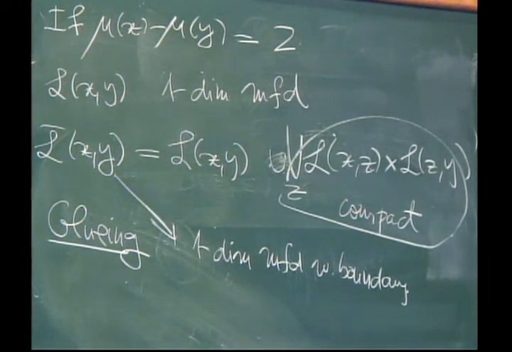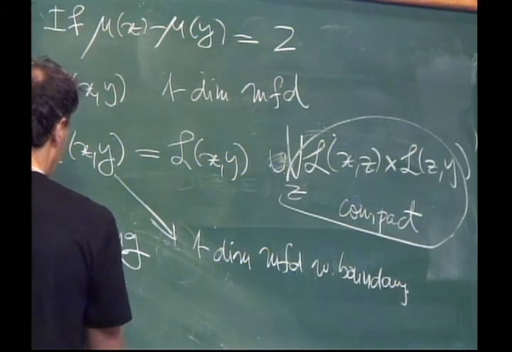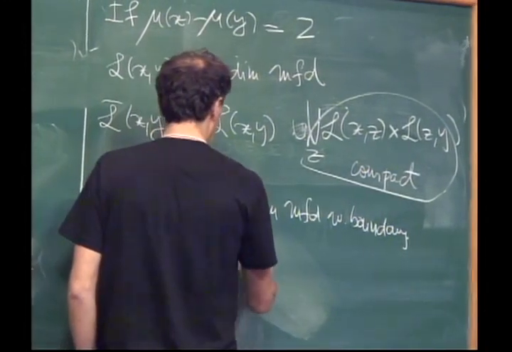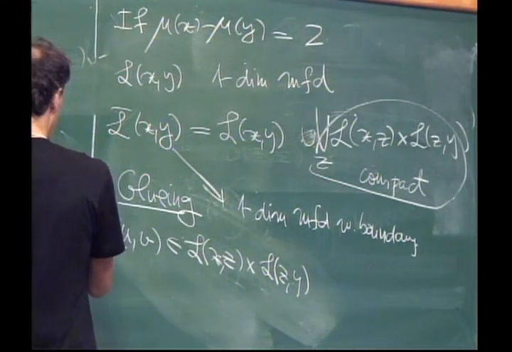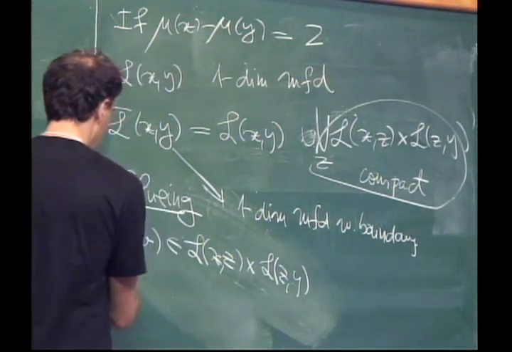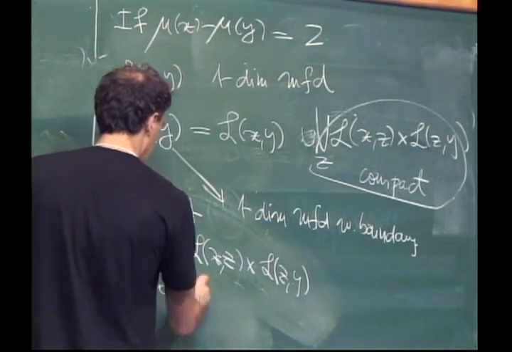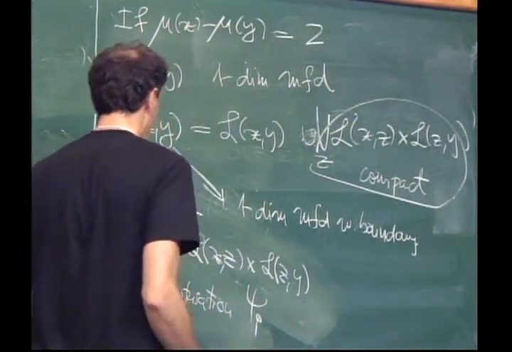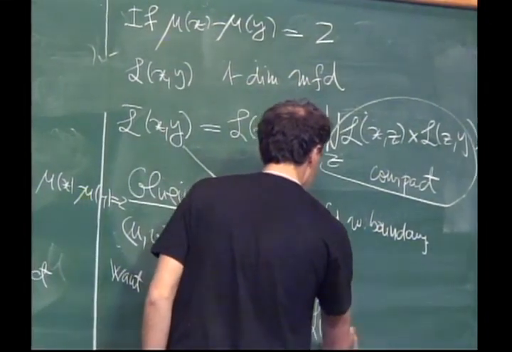So what we need is, when we take u and v in Lxz and Lzy, where the difference of indices is 2, we want a parametrization psi rho of unbroken trajectories.